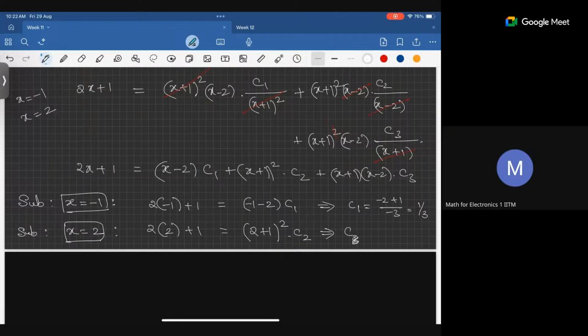From here, I'll get C2 to be 5 by 9. Right, so 3 square is 9, 9 goes to the left side, and it becomes 5 by 9. Okay, so C1 and C2 are clear. How will I get C3?